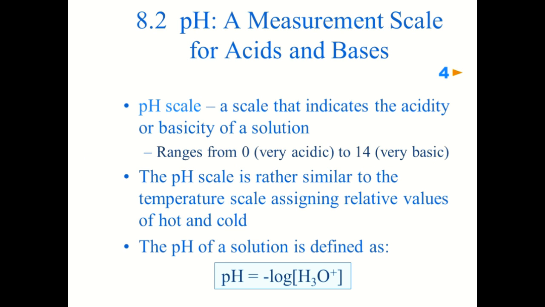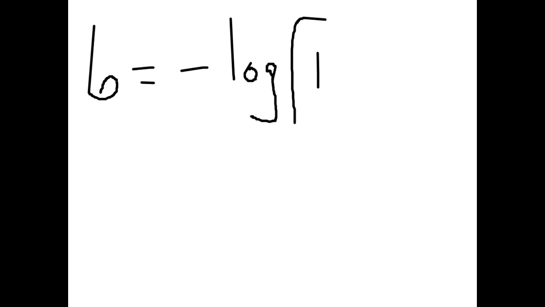Now for pH. This is how we calculate pH, and I hope Steve has done this. So if your pH is 6, let's say, and you have negative log of H3O plus, how do you calculate the concentration of H3O plus?